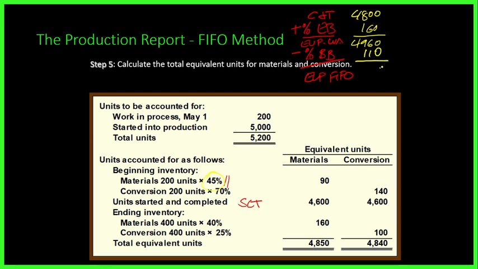No, mapapahiya yata ako dito. Wait lang. Ayun, parehas lang. No? So, pwede mo pagsabayin. EUP weighted average and EUP FIFO. 4,960. 4,850. Balikan nga natin.